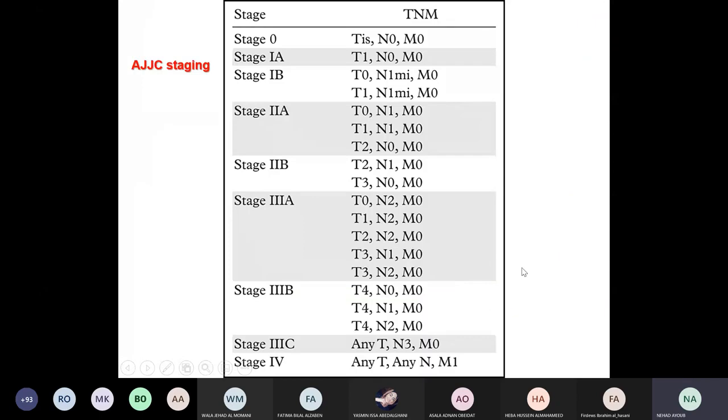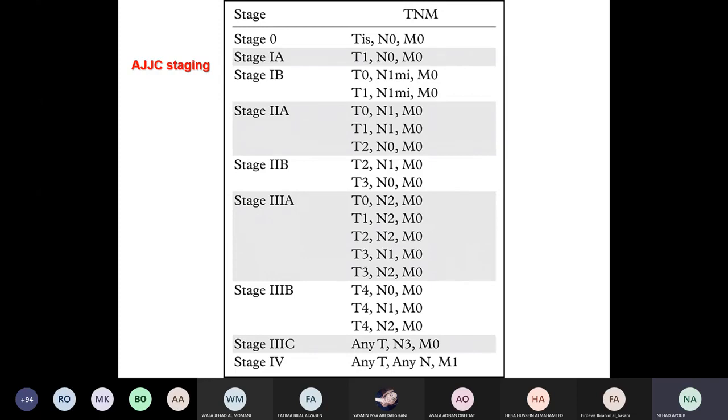We call it invasive lobular carcinoma. Now, most cases of breast cancer, I would say maybe 70 to 80%, are invasive ductal carcinoma. Invasive ductal carcinoma is very common. Most patients, once diagnosed with breast cancer, have invasive ductal carcinoma.